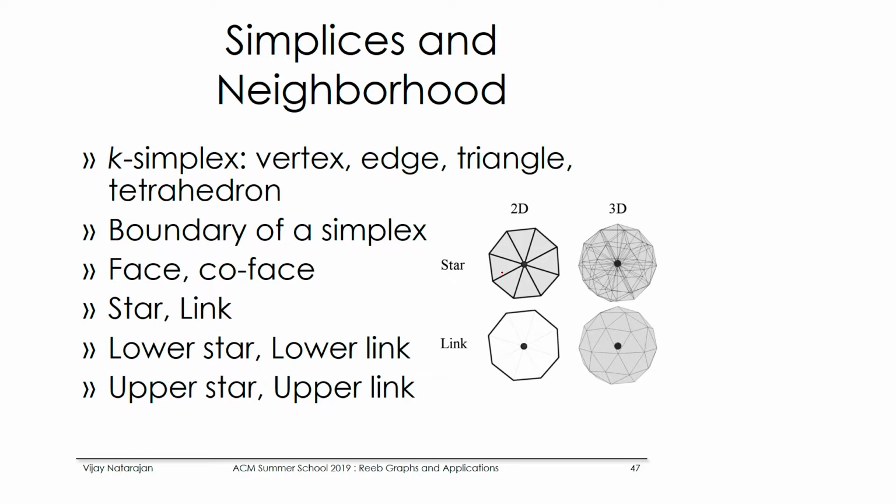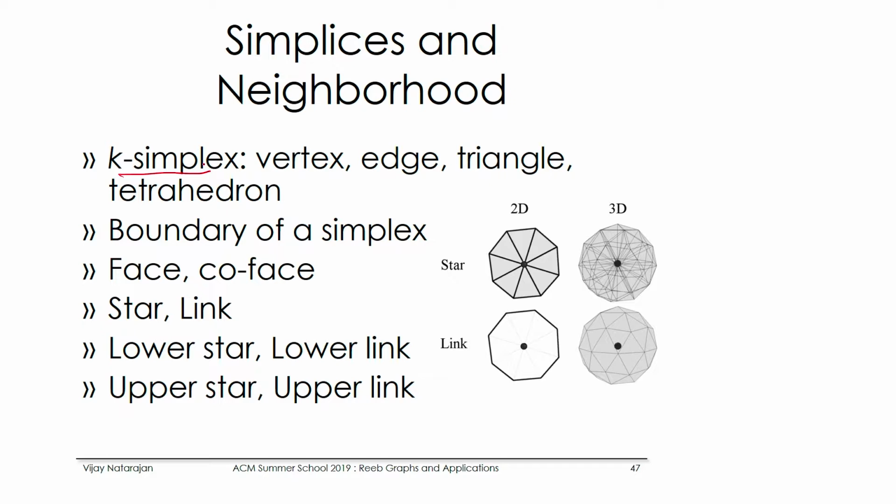These higher dimensional analogues are called K simplices. A K simplex is a vertex in 0 dimension, an edge in 1 dimension, a triangle in 2D, a tetrahedron in 3D and so on. Without a formal definition, that is sufficient for me.